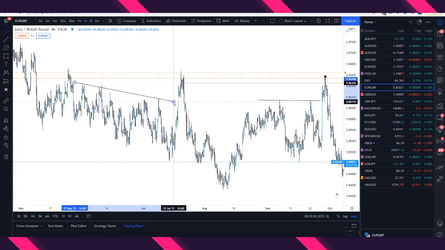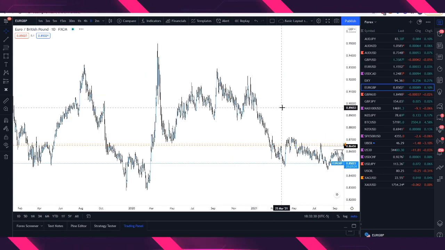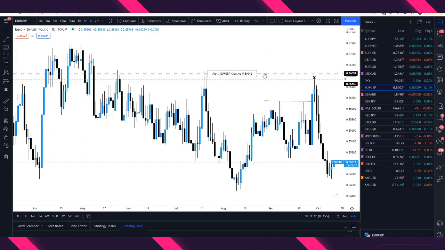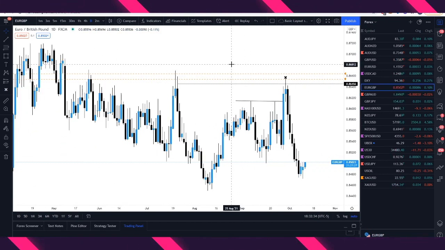And you've got to understand that large funds, large money, for them to be able to get enough contracts on the other side of their entries, this is the kind of thing that needs to happen, right? Price just goes sideways for a while.